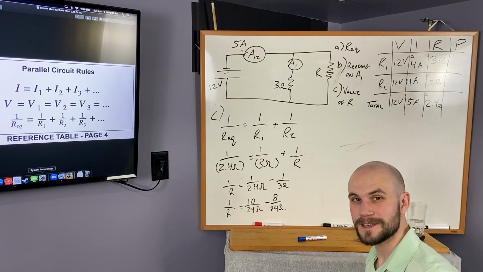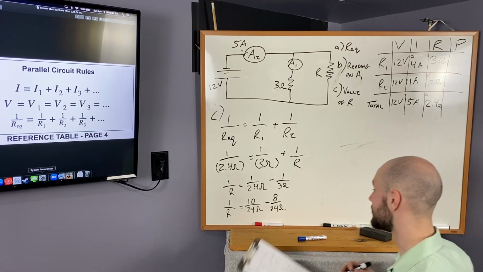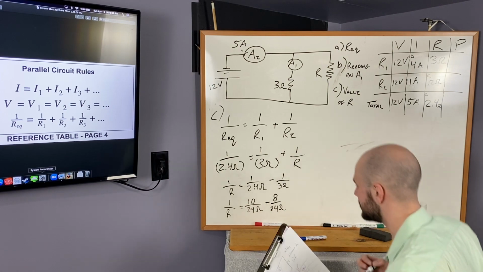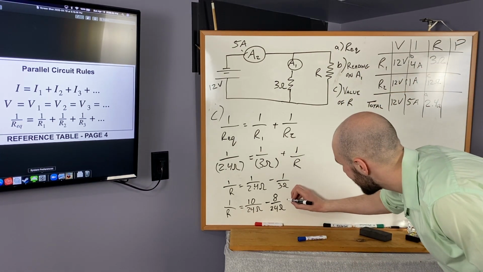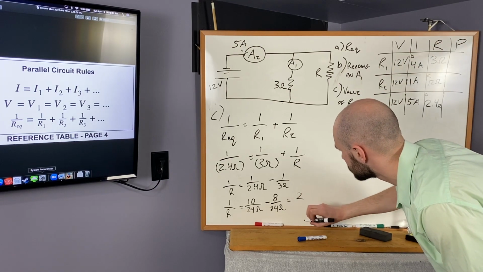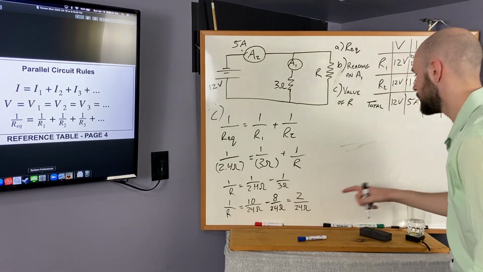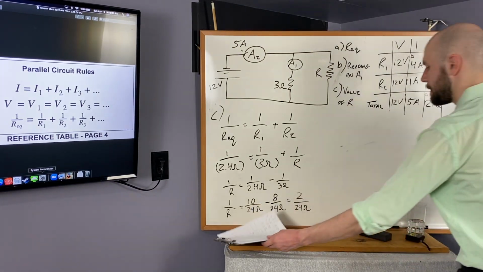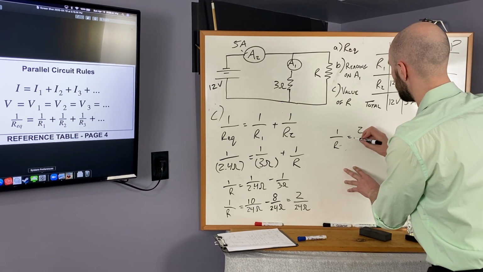Now, do you have to do this each step mathematically? Technically, no, you can just plug it into your calculator, but I want to make sure that we could work this out in case we don't have a calculator handy. 10 minus 8 is 2 over 24 ohms. So here's the relationship we have right now. 1 over R is equal to 2 over 24.